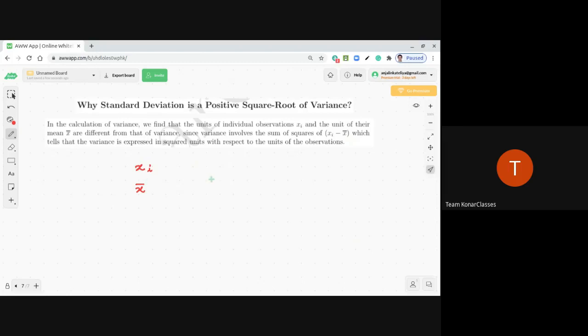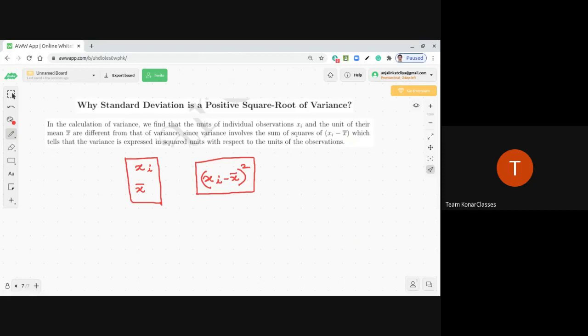But the variance involves the squares. So if we describe the length as meter, we need to describe this as meter square. Meter square means area. So we are finding the variance and standard deviation, the measure of dispersion, from a length, but we are getting the result in terms of area, which is not correct.